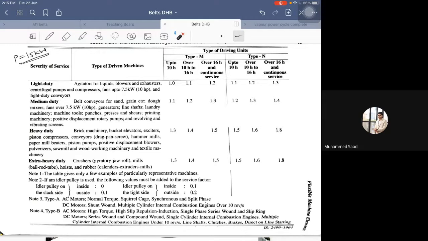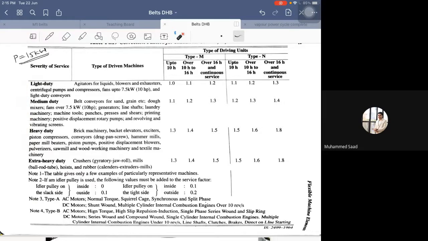So the driving member, you will look here. The driven member, you will look it here. So you have to look here. So suppose where you can find your compressors, whether in the light duty, medium duty, or heavy duty. Just check here. Agitators, belts, brake machinery, all sort of machineries are given.